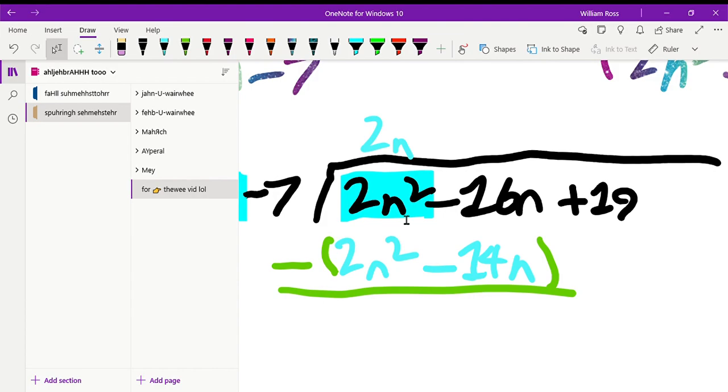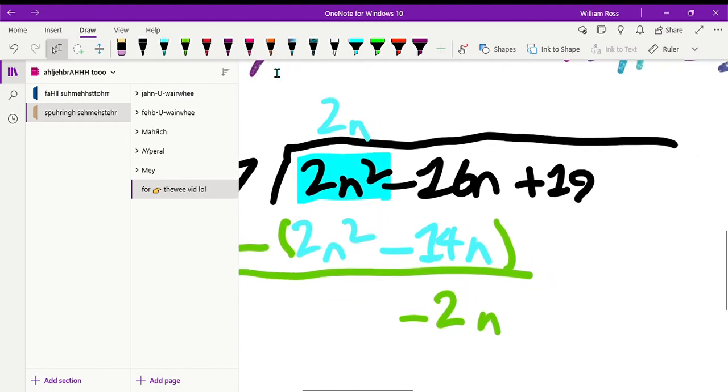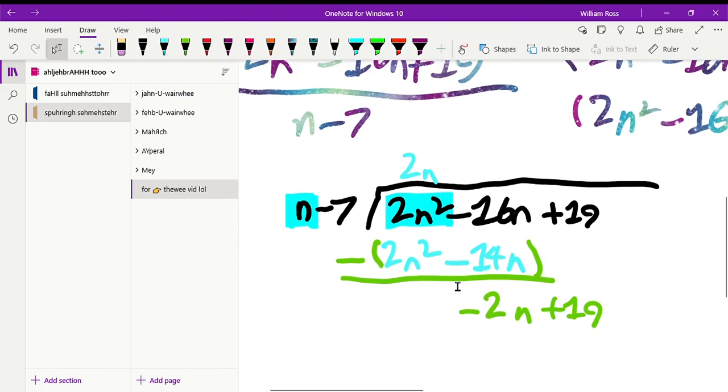That would be negative 2n, and then these 2n squares will cancel out, and then we bring down the 19. So now we have negative 2n plus 19. Now what we need to do next.